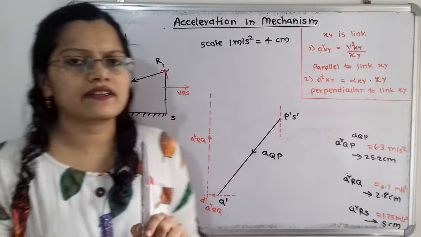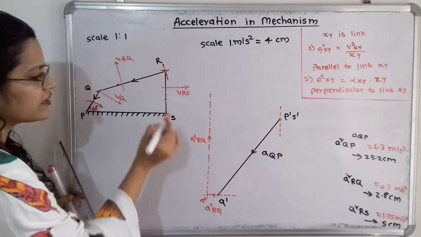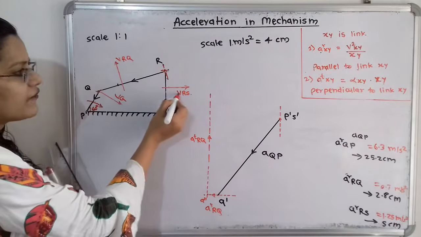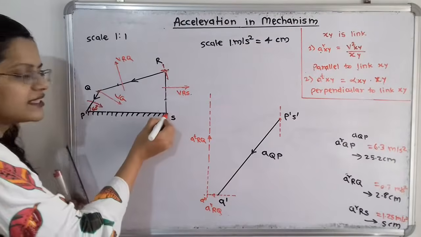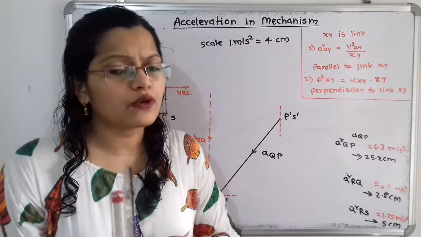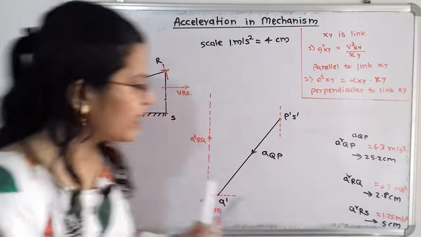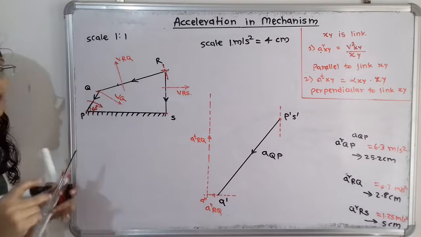Now how to select the direction? Again we will observe here. Here is VRS, that is the velocity of R with respect to point S. So S is the center, and we have to show the arrow direction towards the center. That arrow is in the downward direction.